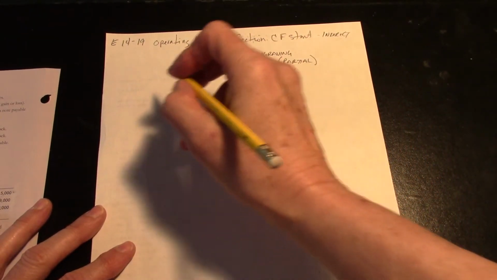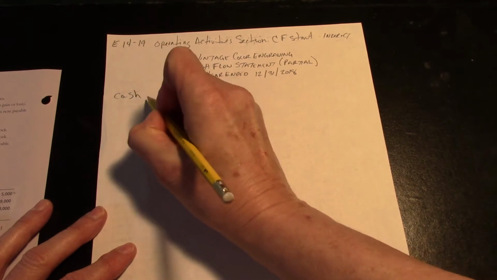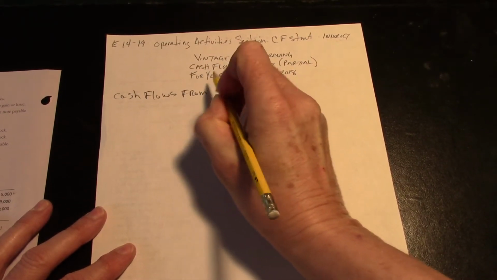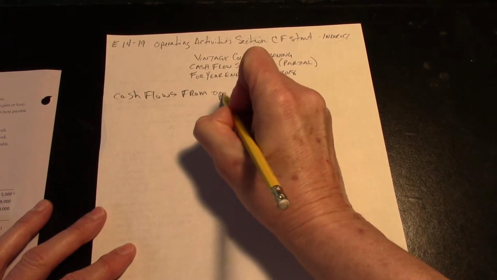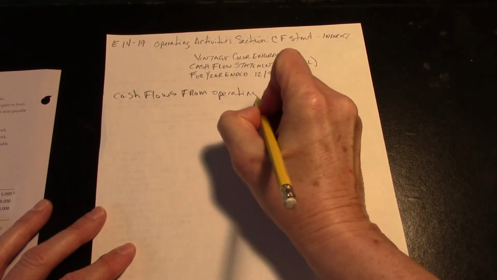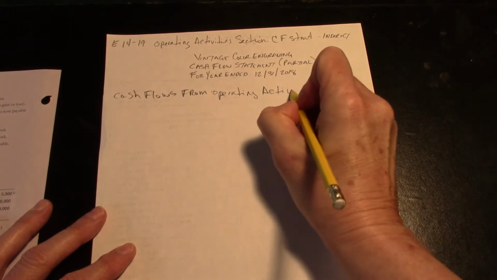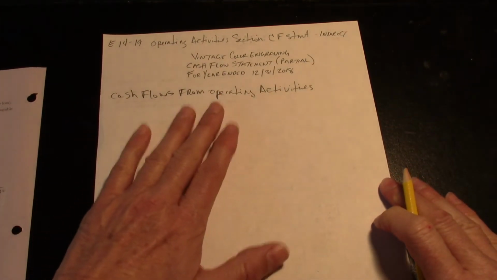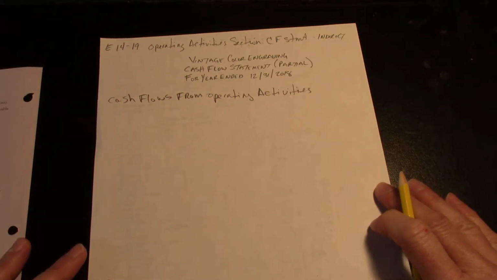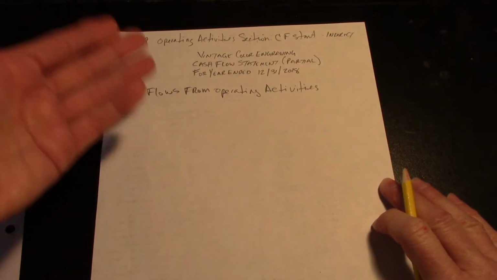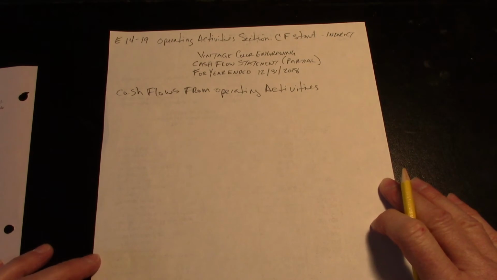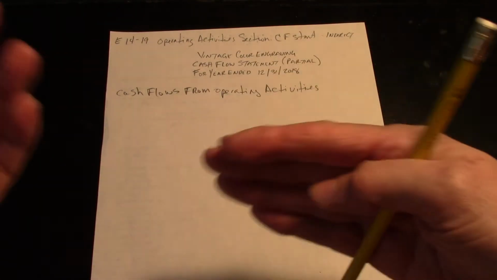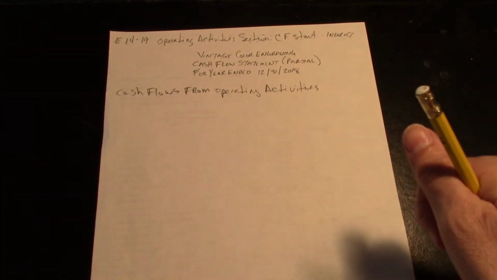So this is cash flows from operating activities. Right, and so we start with always net income. That's what an indirect cash flow statement starts with. We start with net income and reconcile our cash flows to that net income, right? Because that's where our operating activities are.